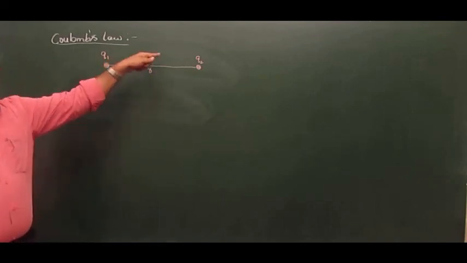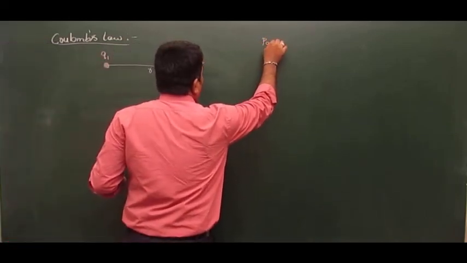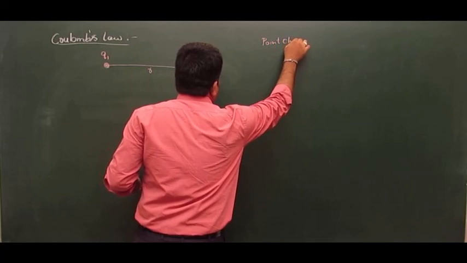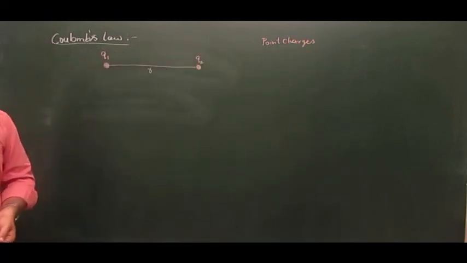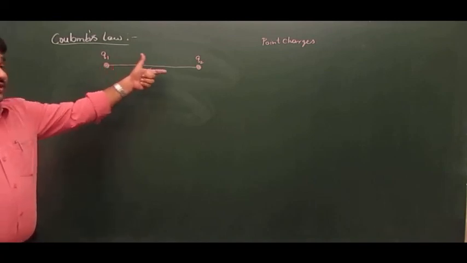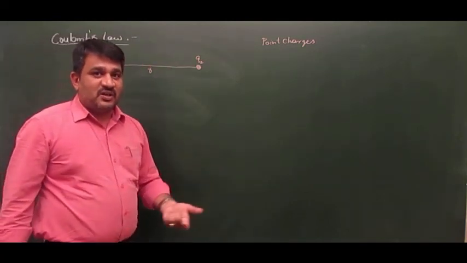That's why these charges are called point charges. Point charges means the separation between the charges is greater than the radius of the charges, that is, the radius is very negligible.